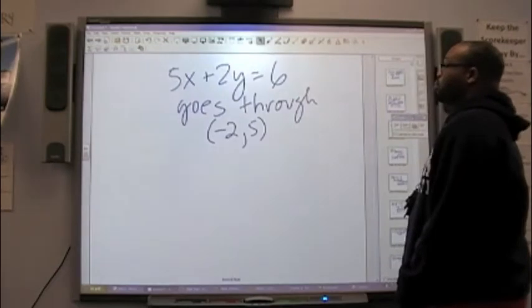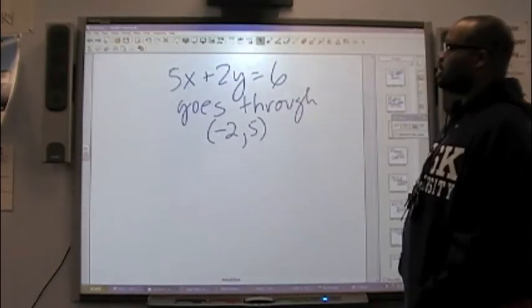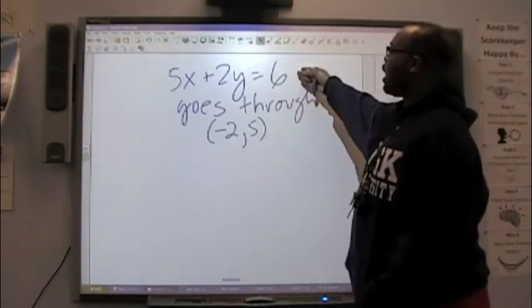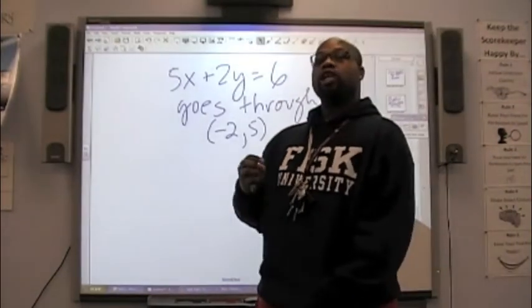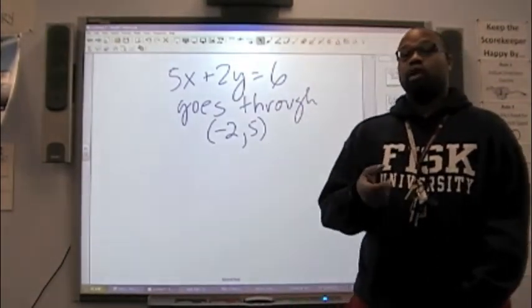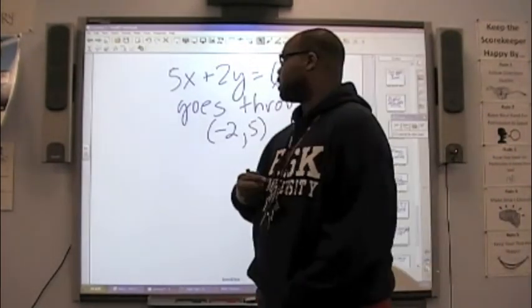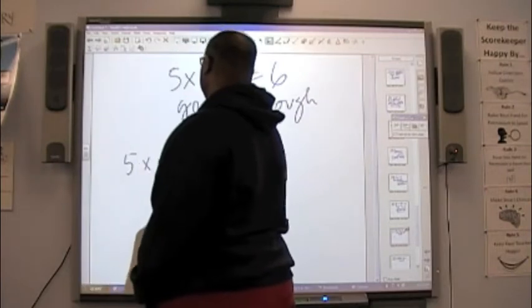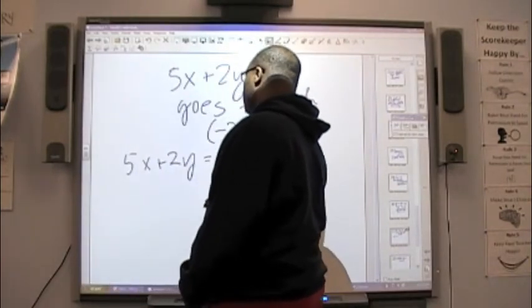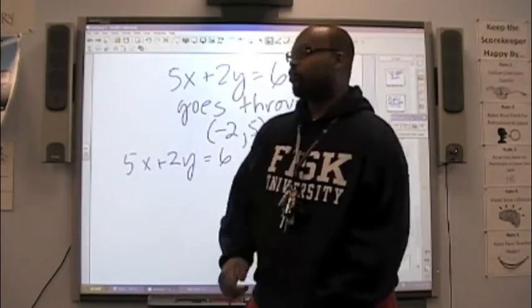Let's try a line in standard form. We can't see the slope in standard form. It's not used for that. But what we can do is convert that standard form to slope intercept form where we can see the slope. Remember, to put something in slope intercept form, all you're doing is solving for y.